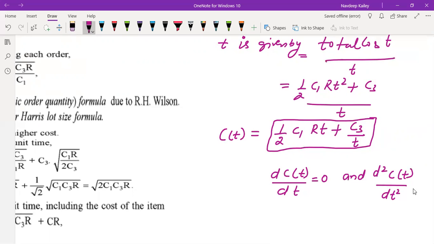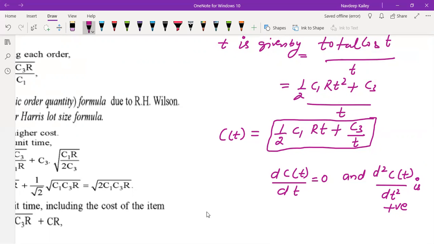This is basically the first derivative test. We apply the derivative test to calculate the minimum value of average total cost, that is, its first derivative is 0 and simultaneously its second derivative is positive.